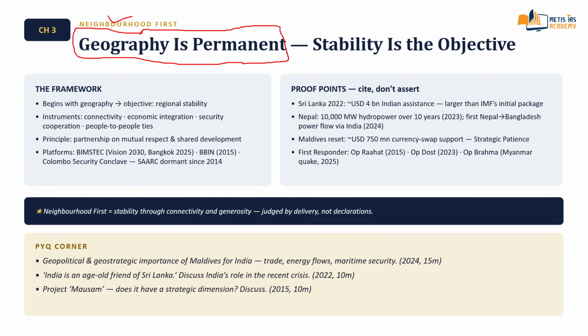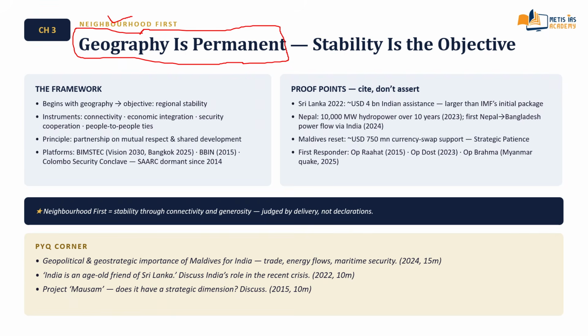Now, another important transformation has taken place here. Neighborhood diplomacy is no longer confined to bilateral relations. Increasingly, India promotes sub-regional cooperation. What is sub-regional cooperation? Instead of waiting for every regional institution to function perfectly, countries are increasingly cooperating through smaller practical arrangements.